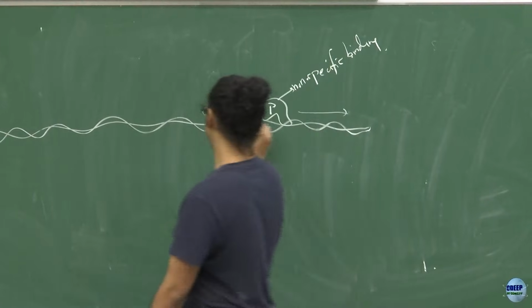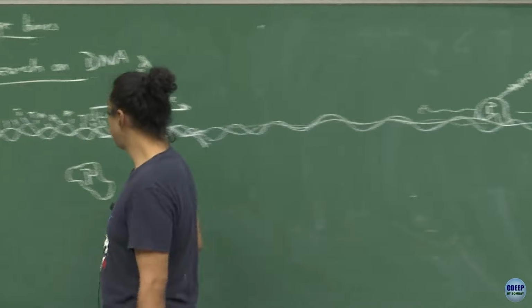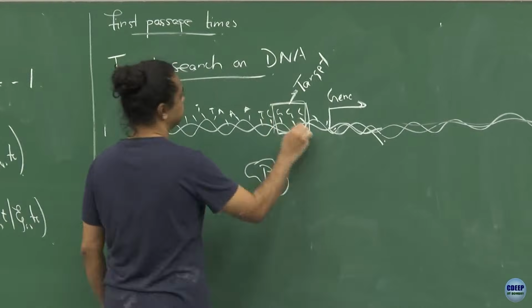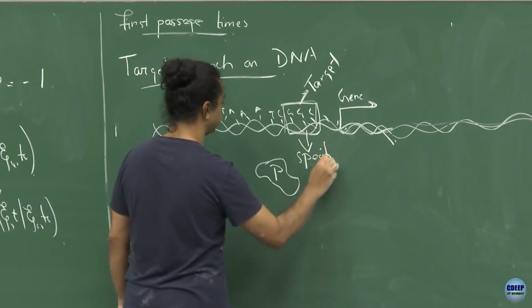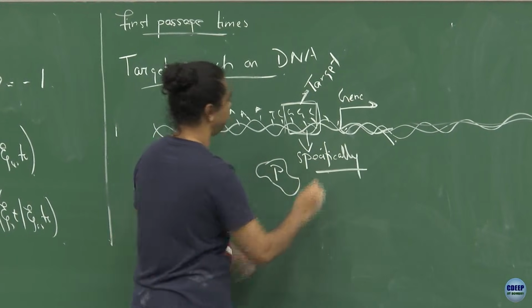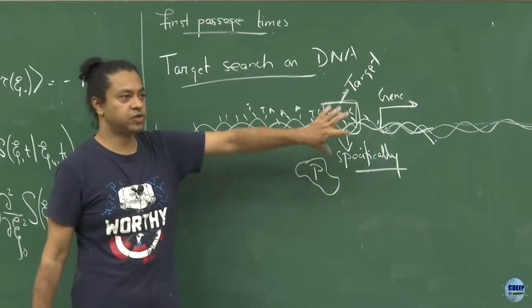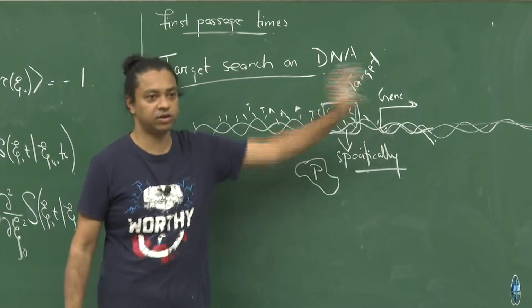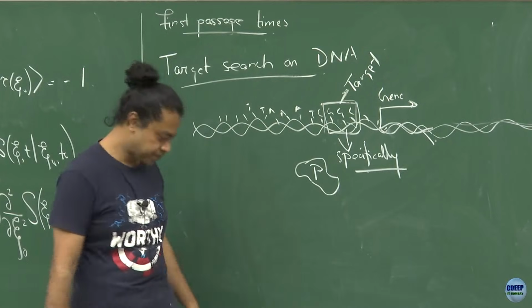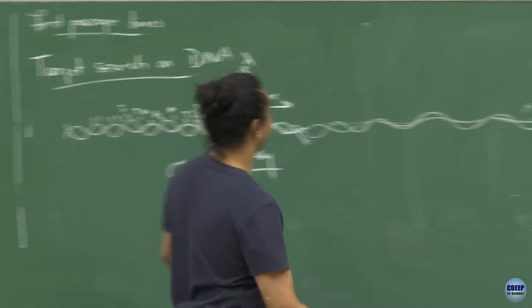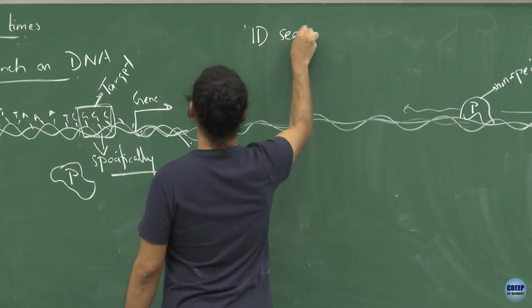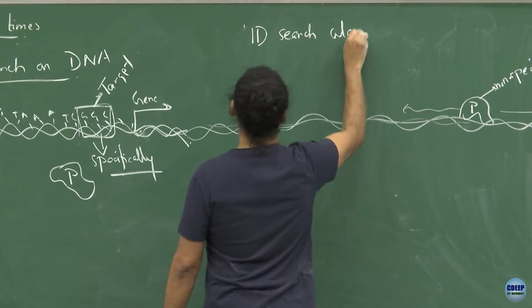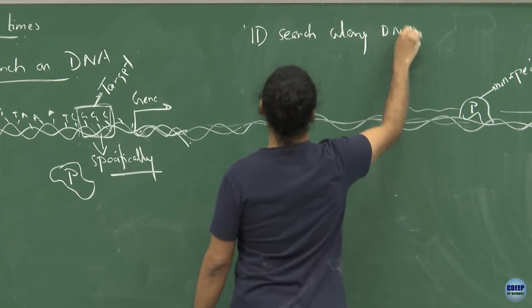Ultimately, once it reaches this target site, it can bind specifically, which means that the binding energy at this location is very high. So once it reaches there, it stays there, and then whatever process has to happen happens. Right? So that is the easiest thing to do, that you do a one-dimensional search along the backbone, along the DNA backbone.